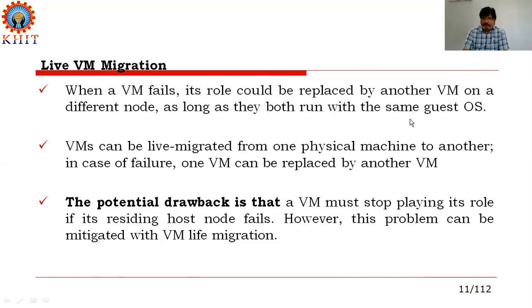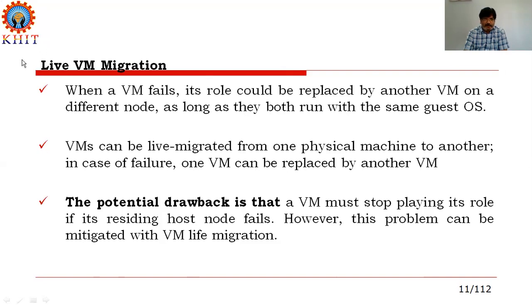But this can be done by the host OS, but this cannot be done by the guest OS. The virtual machines can be lively migrated from one physical machine to another physical machine. In case of failure, a virtual machine can be replaced by another virtual machine here.